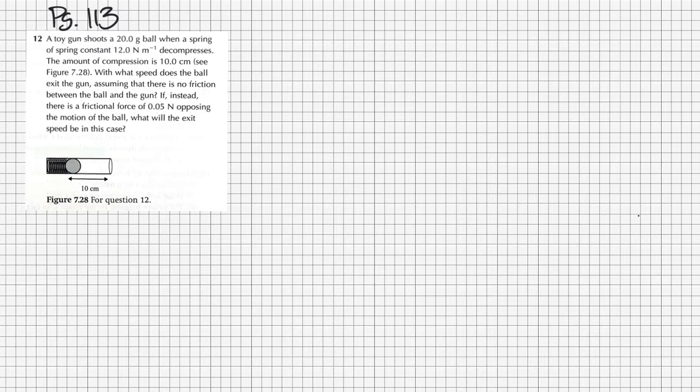So, some things that I'm just going to change. We know that the mass is 20 grams, which is 0.02 kilograms. We know that the K value is 12 newtons per meter, so that's fine.